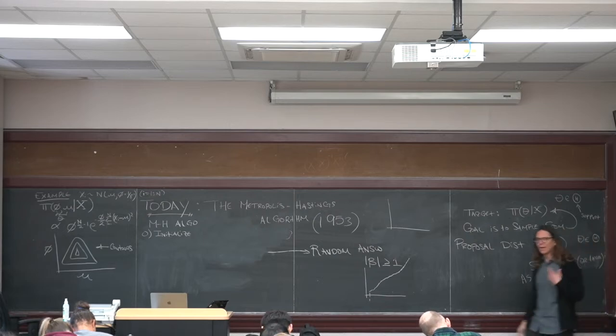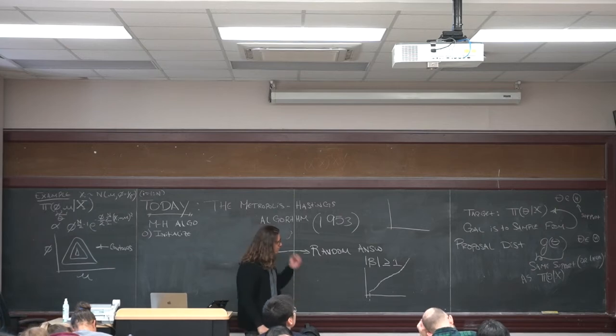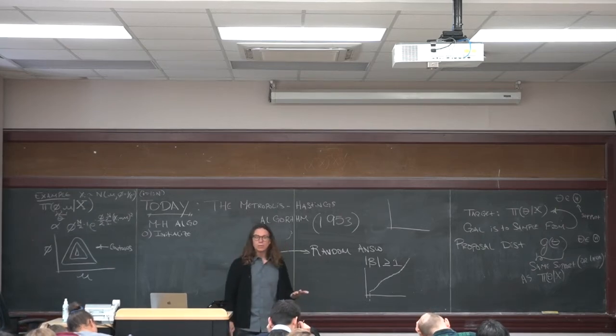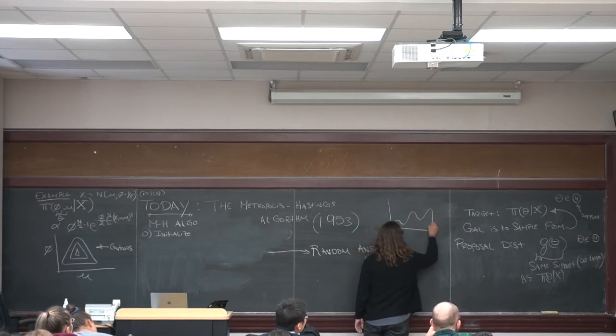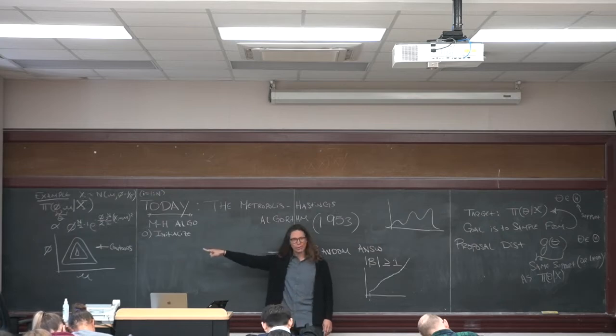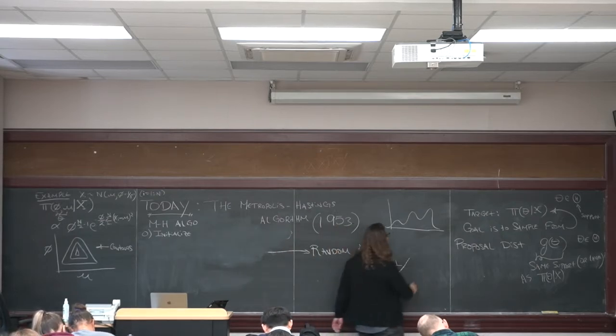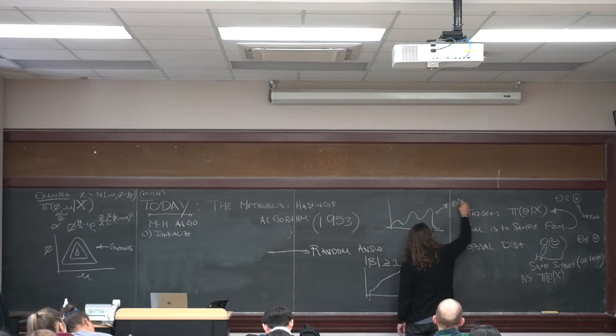It's kind of a waste of time to make it bigger, as we'll see through our experiments, but you can't make it smaller. So let's say our target looks like this. This obviously is not that example. That example has contours like this. But I'm going to imagine maybe this is pi theta, given x.